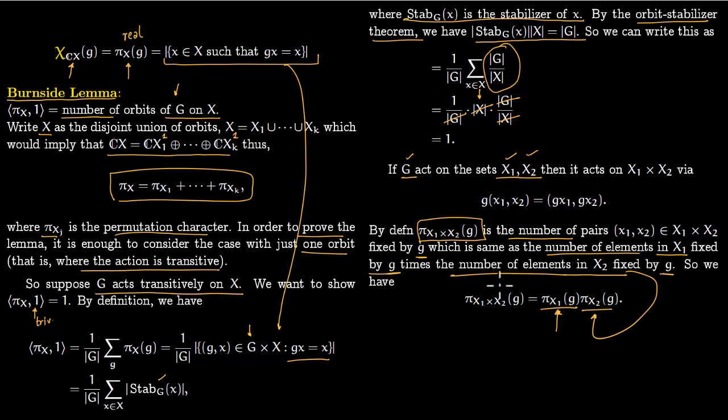So we have this almost trivially: the permutation character of x1 times x2 is just the product.